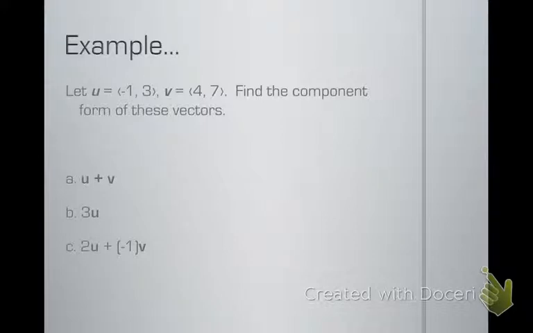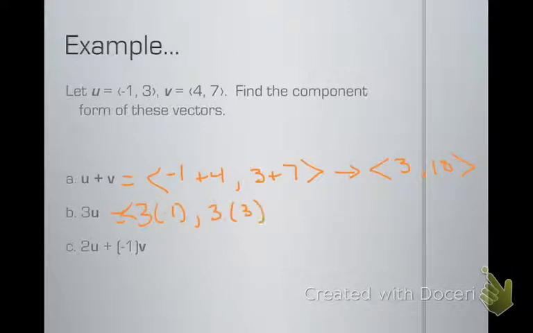The component form of u plus v will be -1 plus 4 and 3 plus 7, which gives us 3, 10. 3u is equal to 3 times -1 and 3 times 3, which simplifies down to -3, 9.